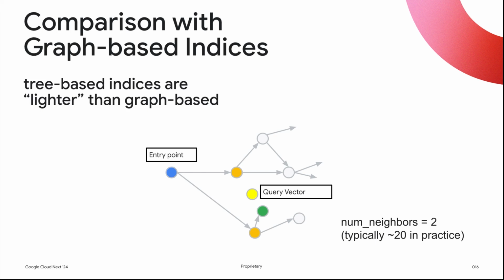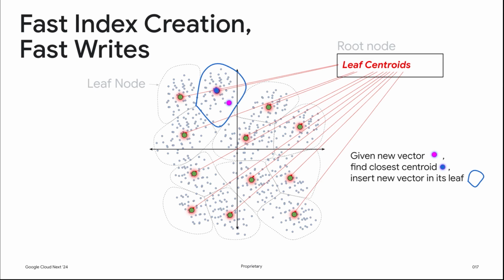Okay, so now based on this, you can see why scan has much faster index creation time and much faster writes. We are talking about a structure that is much more compact, that is basically you just have centroids connecting the nodes, as opposed to having multiple connections from each vector to each other vector.